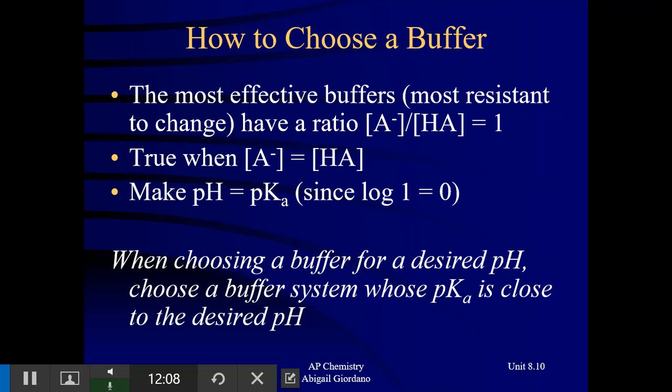When choosing a buffer for a desired pH, you want to choose a buffer system whose pKa is closest to your desired pH. Okay, so sometimes you'll be given a list of possible acids or a list of possible bases. You want to choose a buffer system whose pKa value is closest to your desired pH.